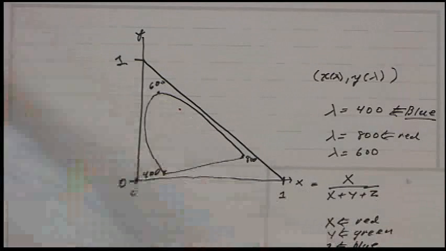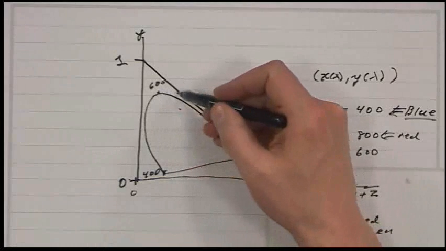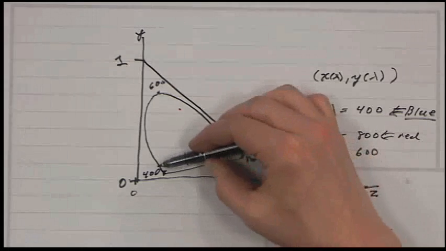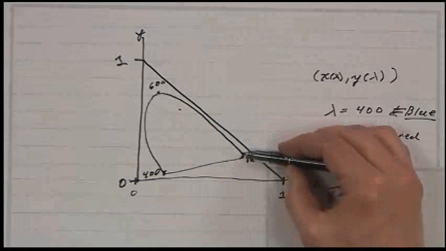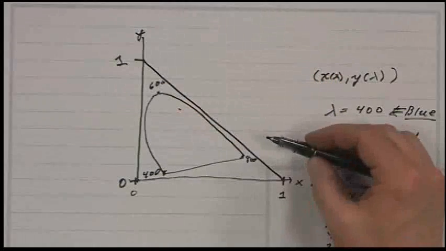You start off by saying, look, I can produce all these colors over here. How do I produce the colors on this arc? I take a pure spectral source of light. So I can produce any color on that pure spectral source, right?